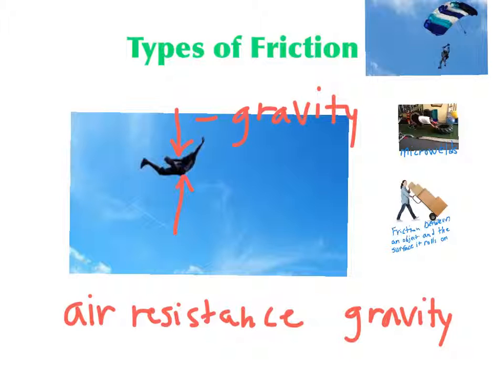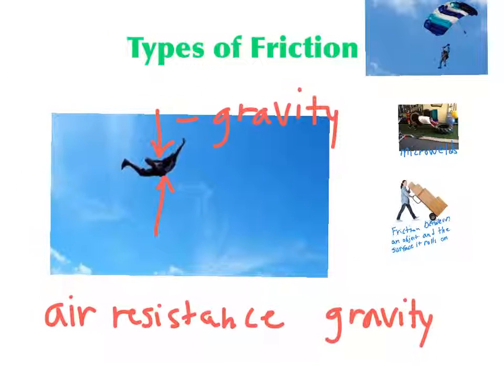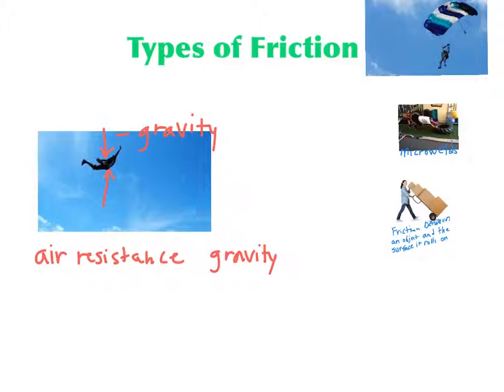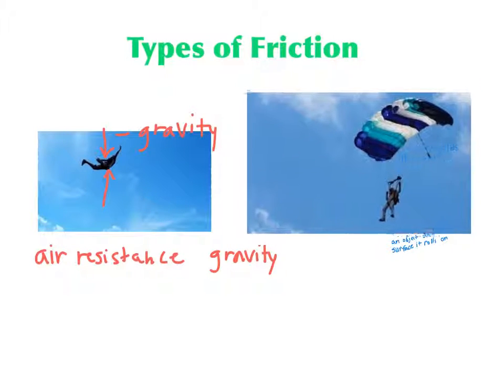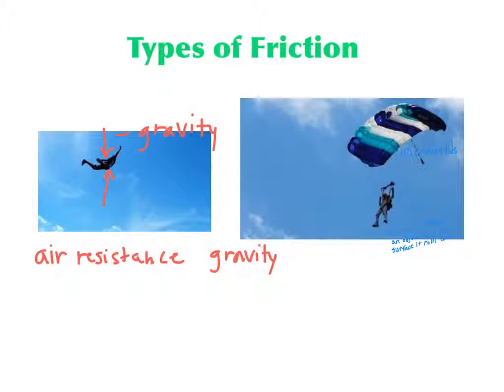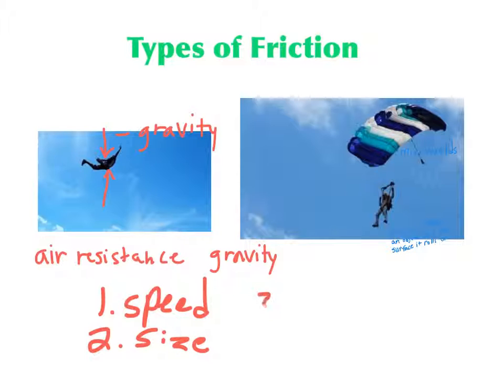So that's going to explain why something like a parachute helps a person fall a lot more slowly, because if we look at this parachute, it has a lot more area. And that's going to help us with number 2 here, where it says that air resistance depends on basically 3 things. It depends on the speed that something is falling, it depends on the size that something is, and 3, it depends on the shape.